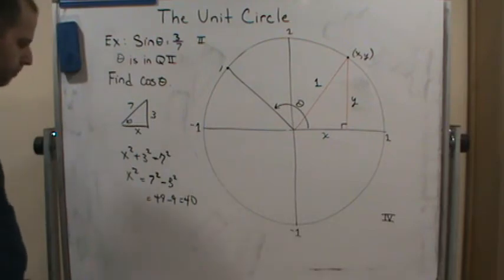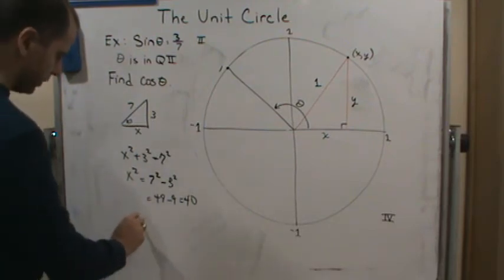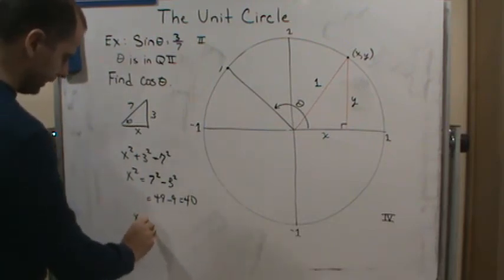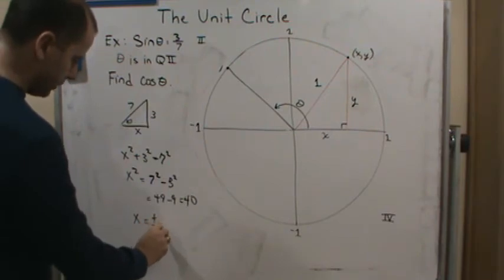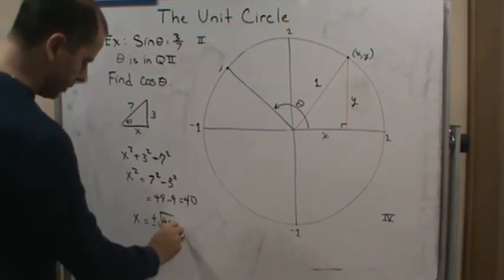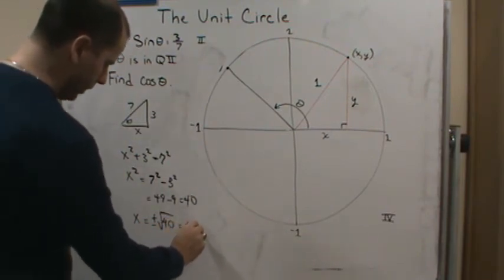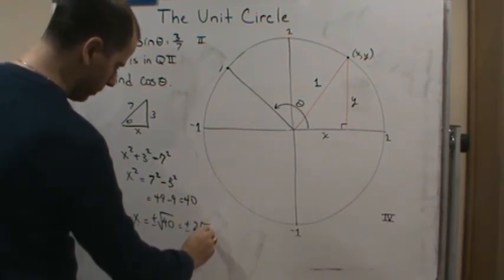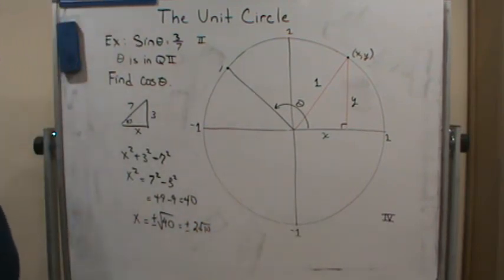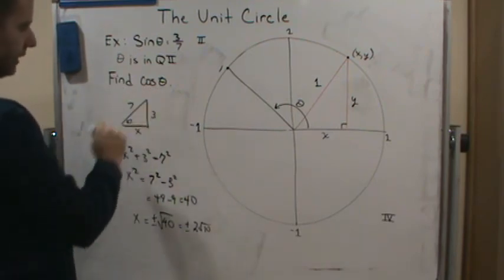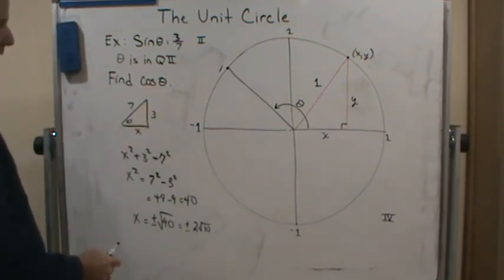Look familiar? Now if I take the square root, I get x equals plus or minus the square root of 40, which gives us plus or minus 2 times the square root of 10. Okay, now that's this side. Now, what they want us to find? Cosine of theta. Well, what's cosine of theta?